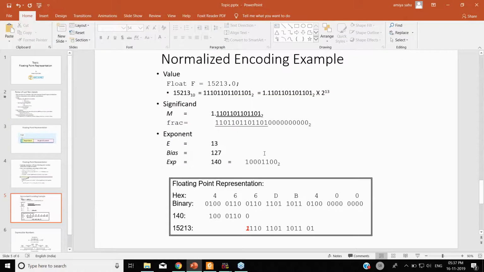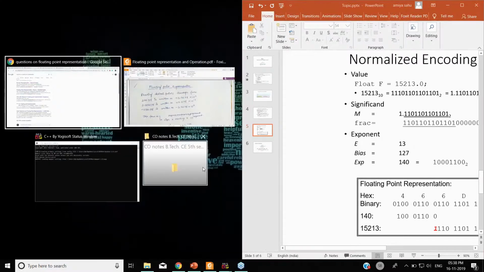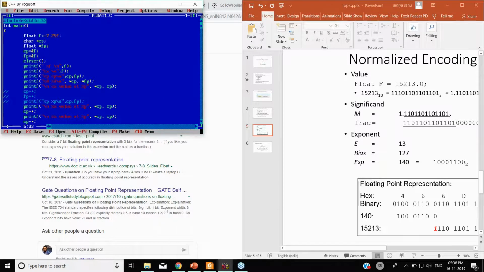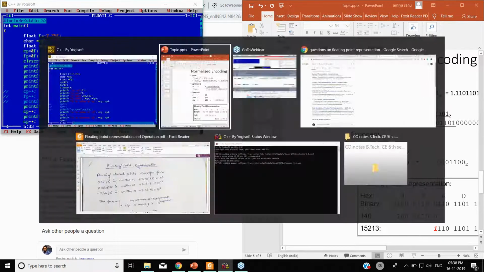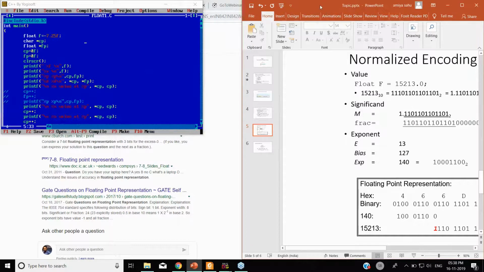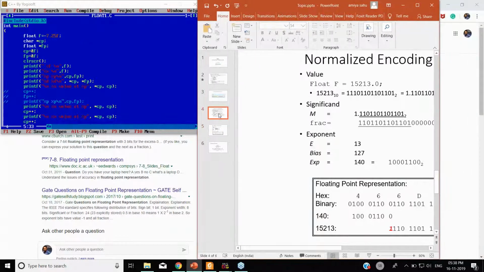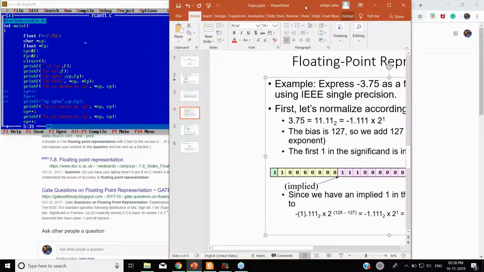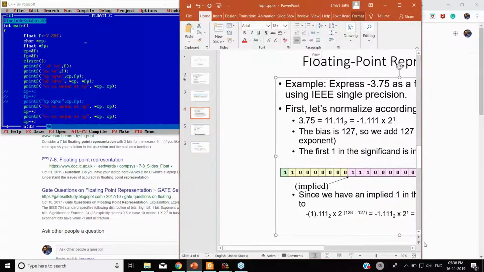Let me put it side by side so that it will be easy for us to see the values. Okay, the values are seen.